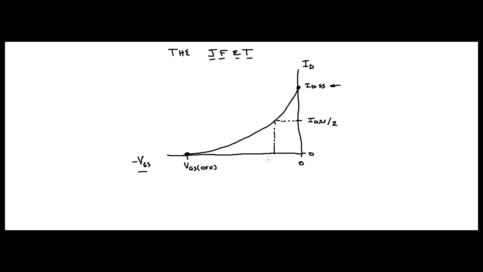This point right here is equal to VGS off times 0.3 volts. It's a 3 there. If you divide that in half, you're basically at IDSS over 4.